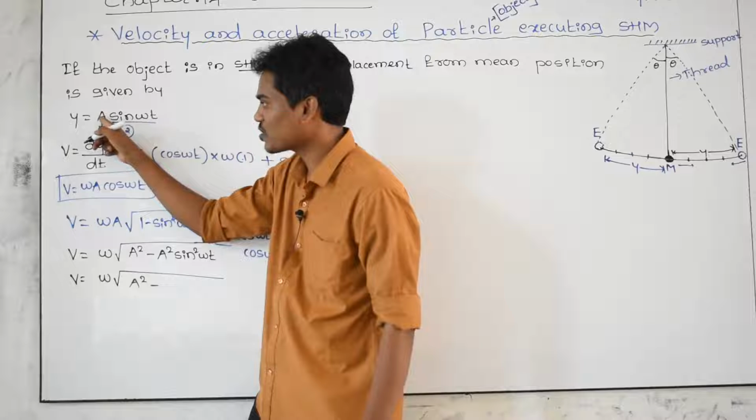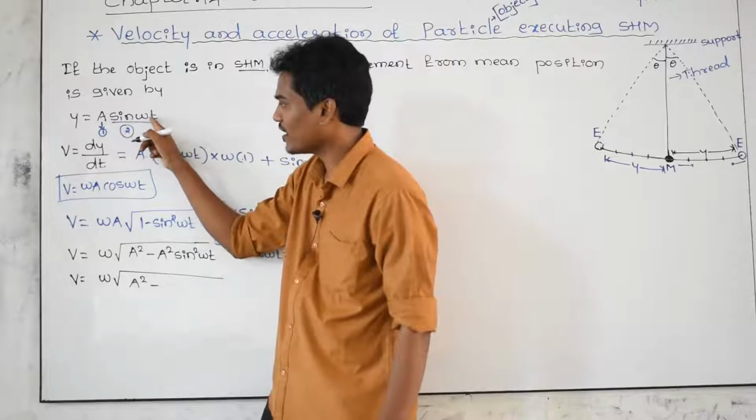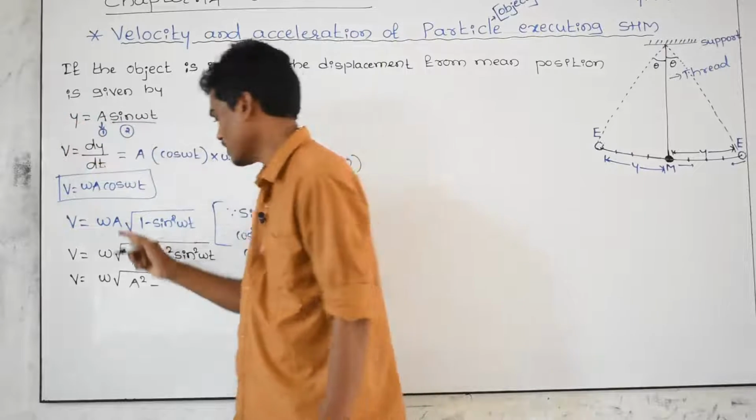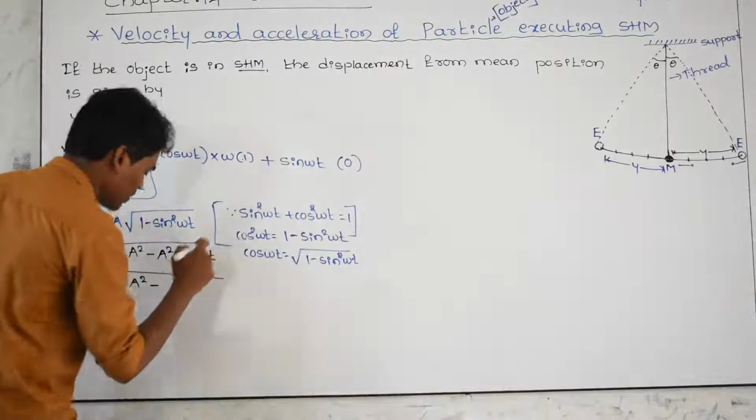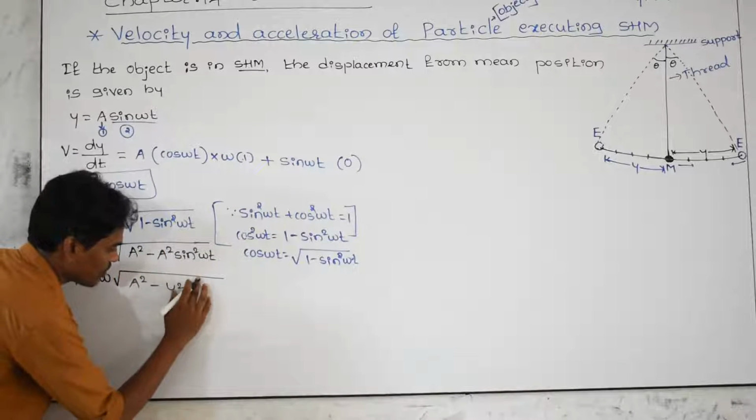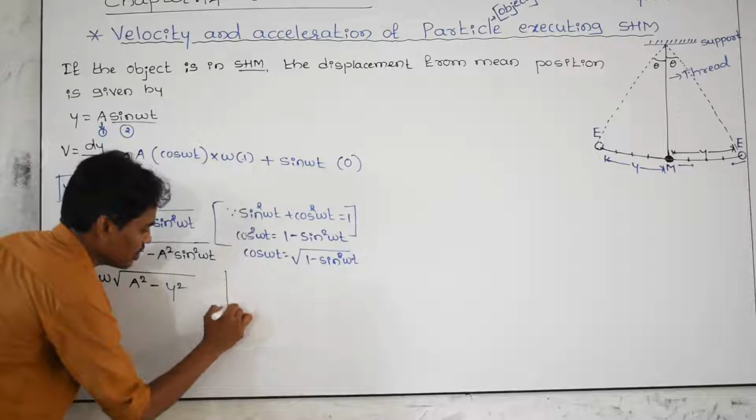So A square sin square omega t can be written as y square. Are you getting how I am getting this?